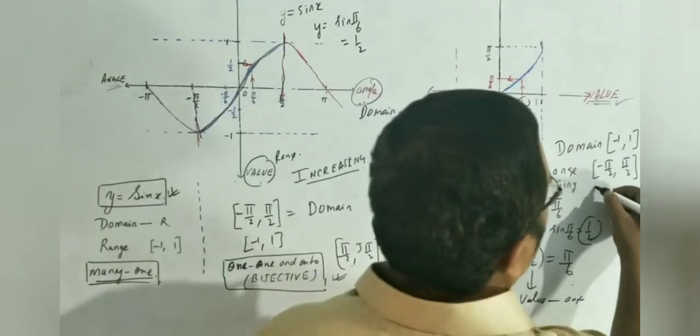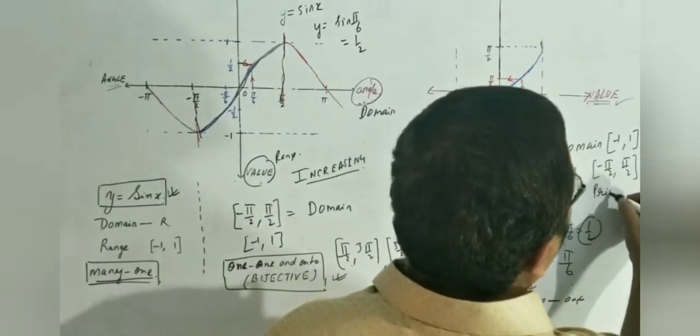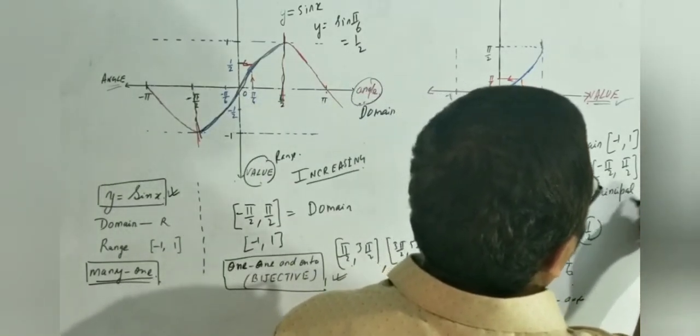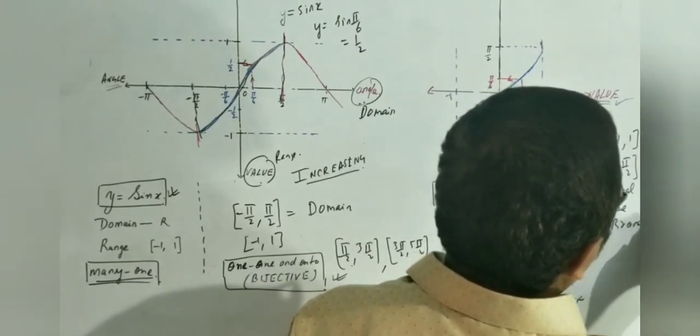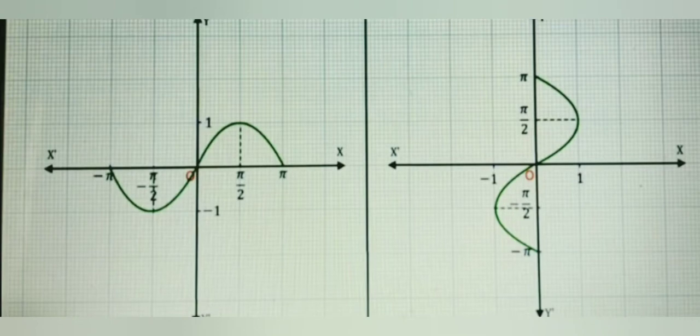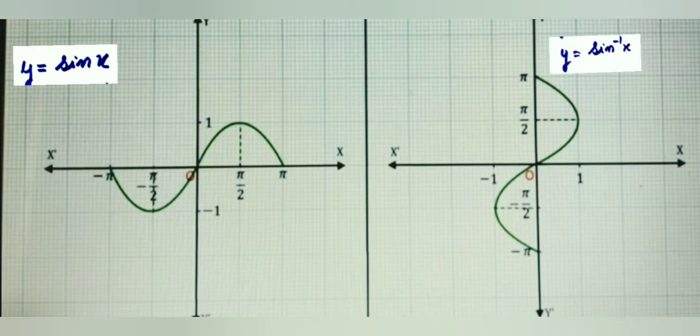This is called the principal value branch. So you can see on the left hand side the graph of y is equal to sine x, and on the right hand side the graph of y is equal to sine inverse x. You can obtain the graph of sine inverse x from y is equal to sine x by interchanging the x-axis and the y-axis.